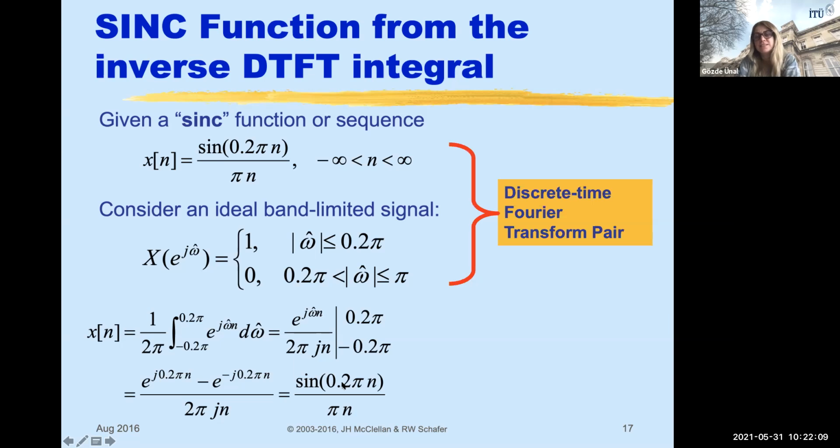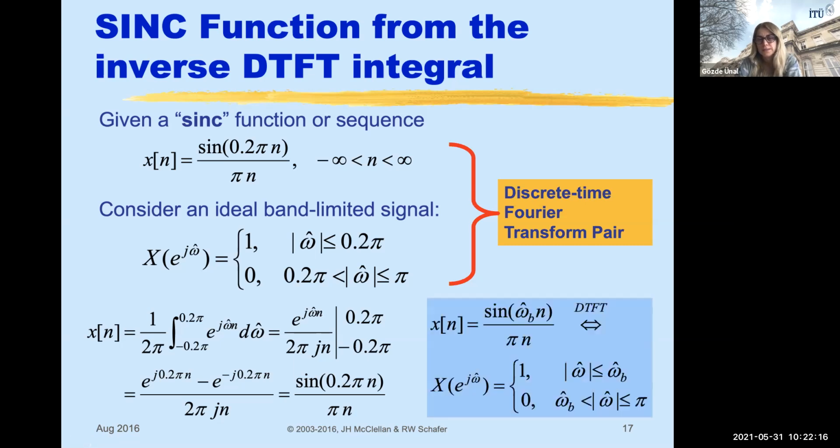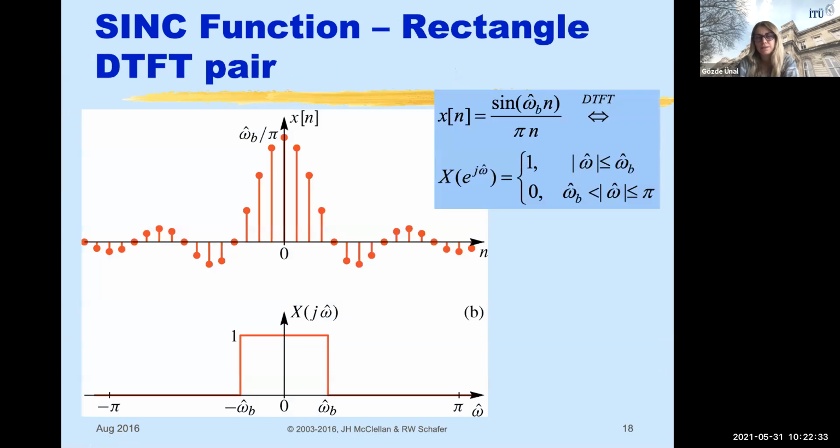It's good to know this discrete time Fourier transform pair. A sinc in the time domain, sine omega hat b n over pi n, is a low pass filter in the Fourier domain with the cutoff frequency given by the sinc's frequency. This summarizes that slide.